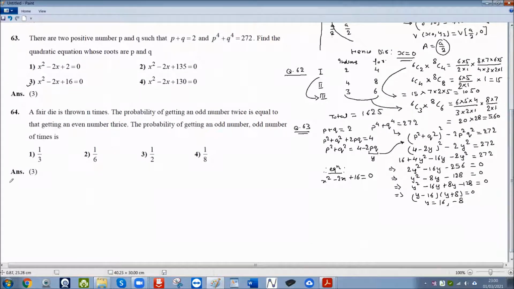Let's take question number 64. Fair die is thrown n times. Probability of getting an odd number twice is equal to that getting an even number thrice.